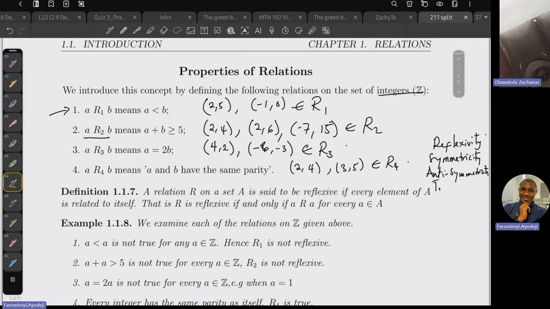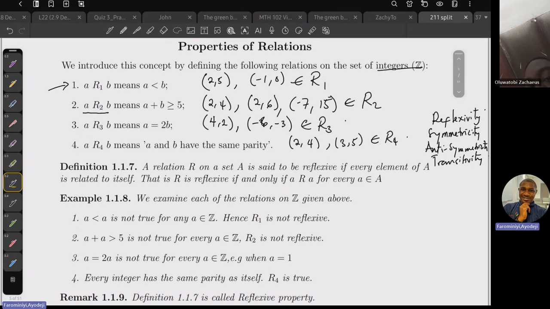We have transitivity. These are four very important properties of relations that help us to classify relations into ordered relations or equivalence relations.